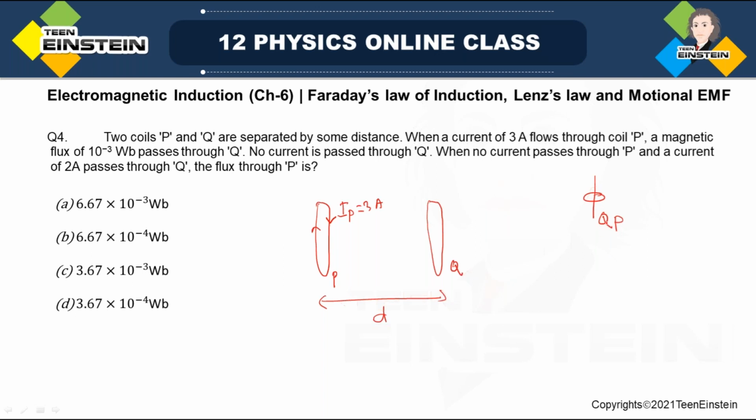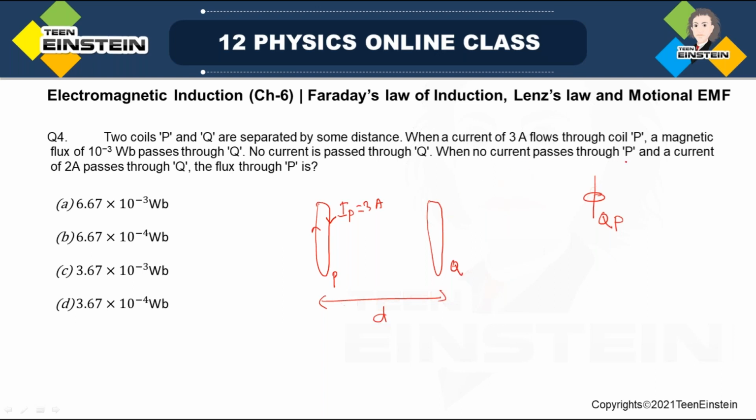That means phi QP is the flux linked with the Q coil due to the current flowing in P, and at that time no current is flowing through the Q coil.